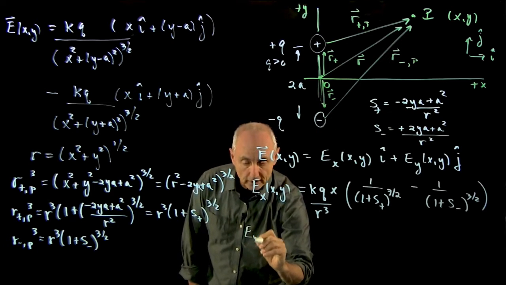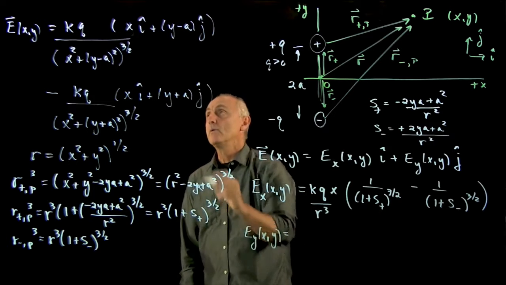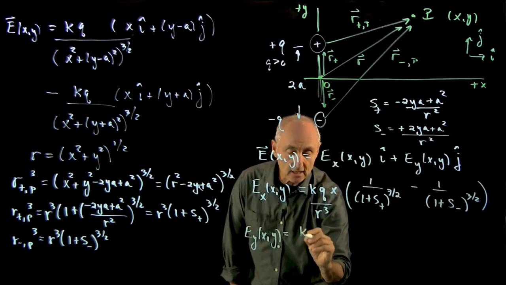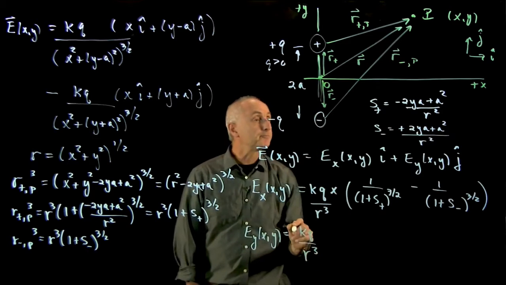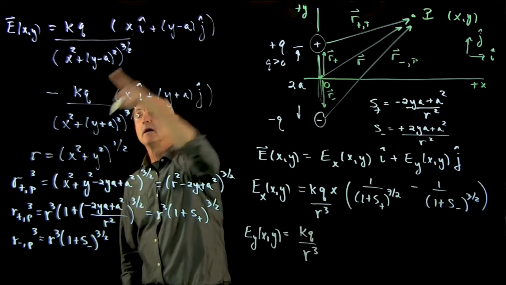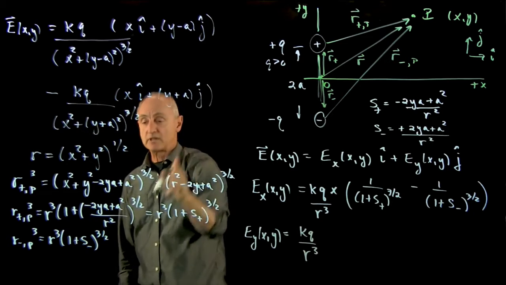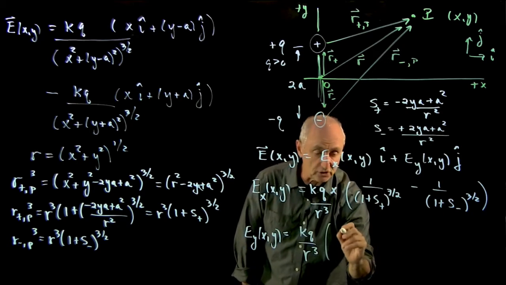Now, the y component is very similar. We have the same kq over r cubed. Notice we have y minus a and y plus a, and the denominators will be similar to those expressions.